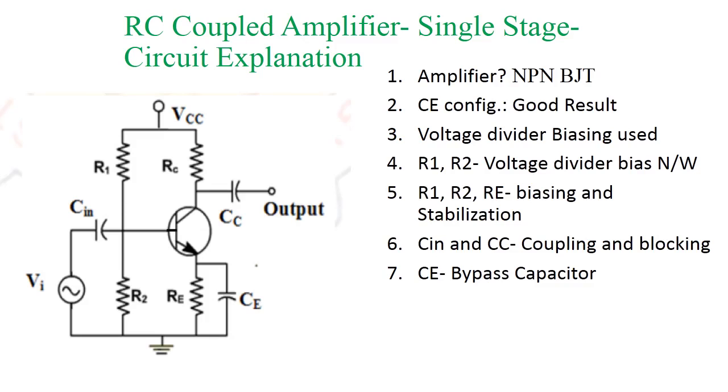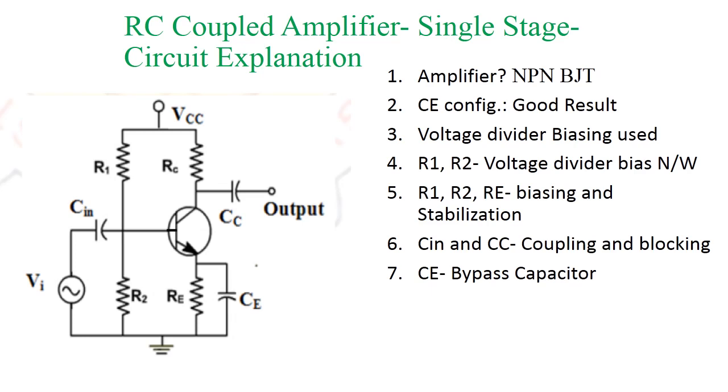In the previous class we have discussed voltage divider bias circuit. The same biasing circuit is used in this RC coupled single stage amplifier. Okay, what is an amplifier?